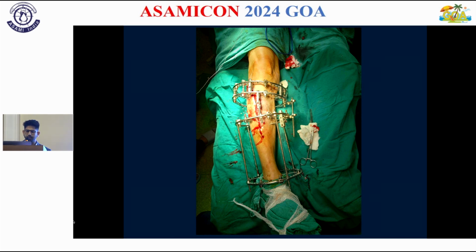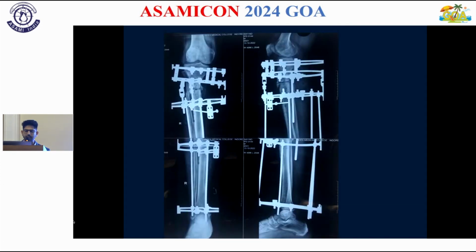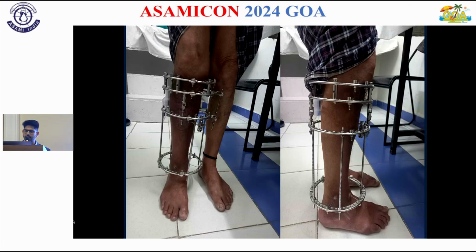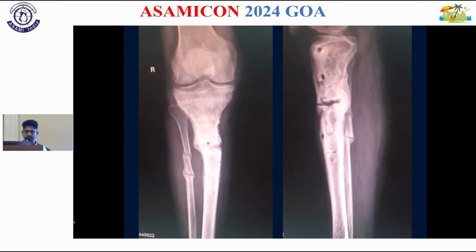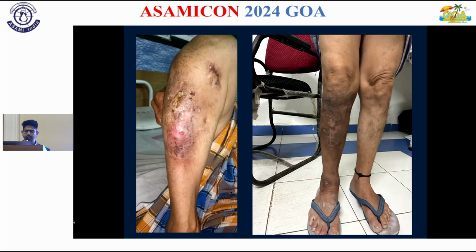As you open up the motor unit on the medial side, the rings gradually become parallel to each other, and the deformity will correct over time. Also, with distraction, the skin condition will become a little better as we are distracting the muscles also.